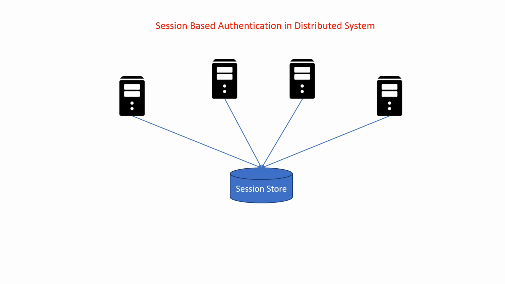We have to keep in mind while choosing which mechanism is fit for a purpose. So in session-based authentication, there might be challenges in terms of latency and scaling. Now let's understand what JWT-based authentication is.